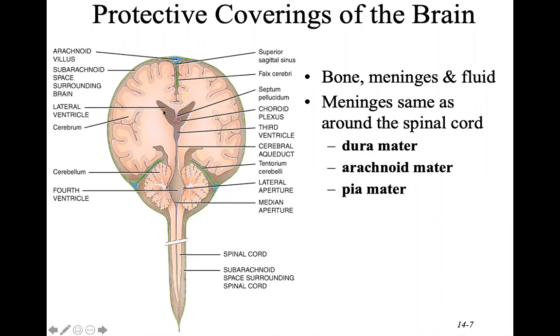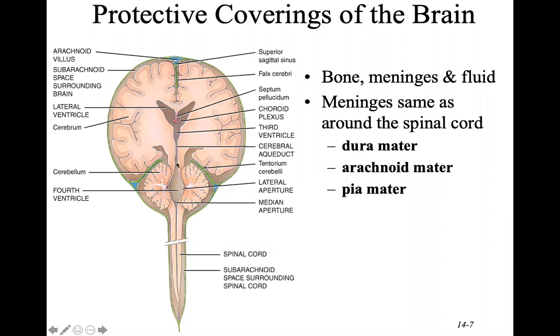This is a really nice picture because it shows the chambers right here in the center where cerebral spinal fluid flows. So you can see the lateral ventricle here. We have one lateral ventricle on this hemisphere. We have another lateral ventricle on this hemisphere. So there's two ventricles. Then the cerebral spinal fluid flows down into the third ventricle.